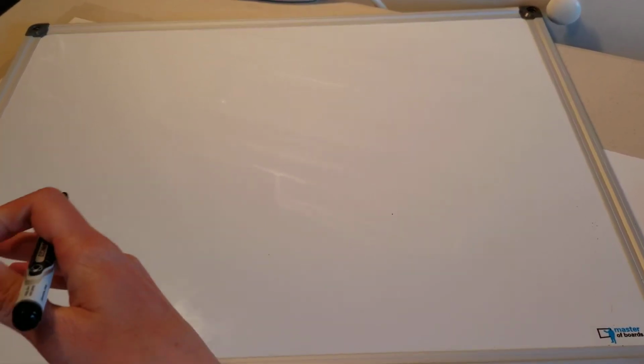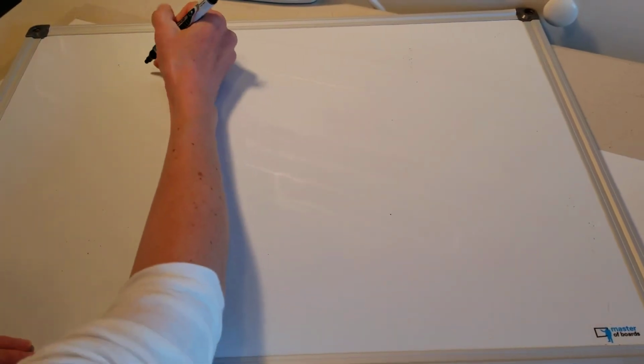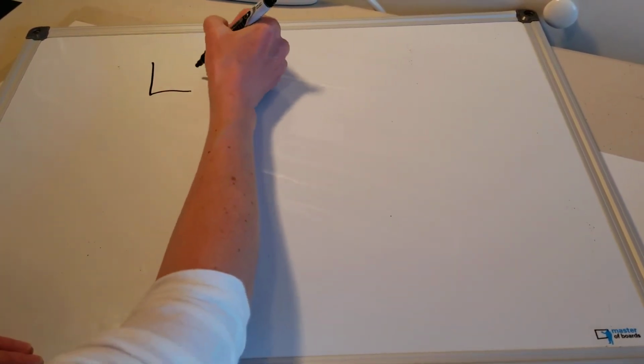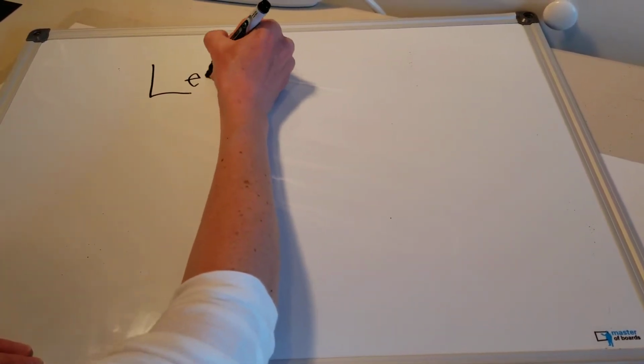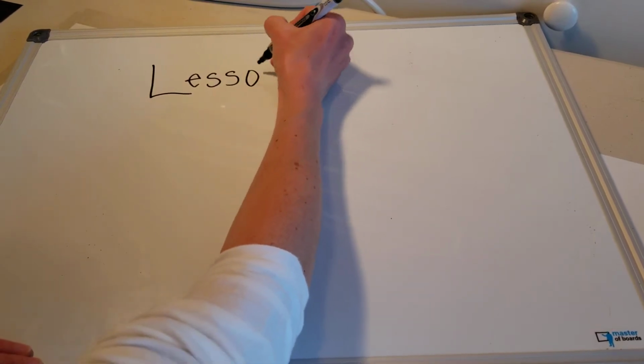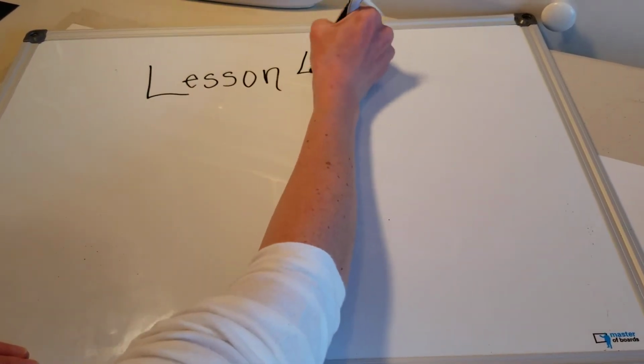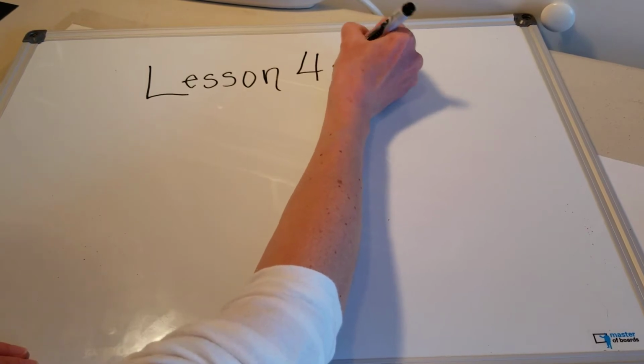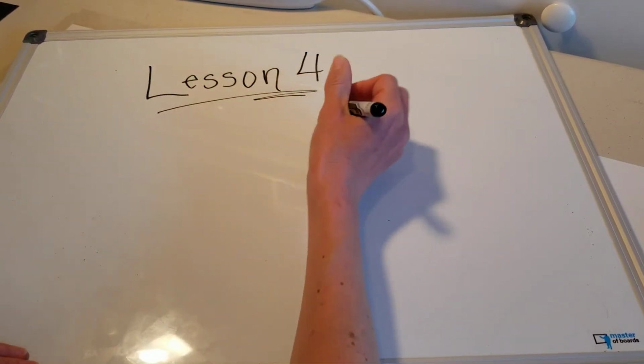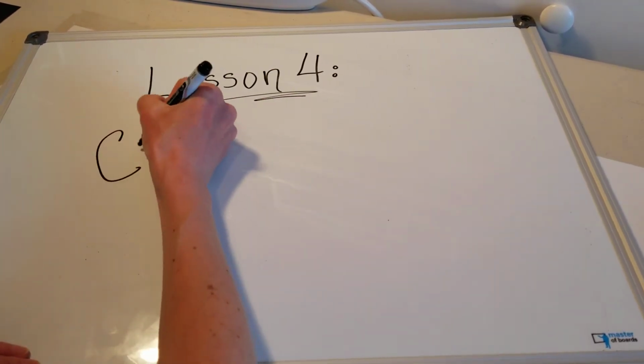In lesson 4, we started out with that idea of chemical formulas because we're going to be looking at reactions. And lesson 4 is all about chemical reactions.